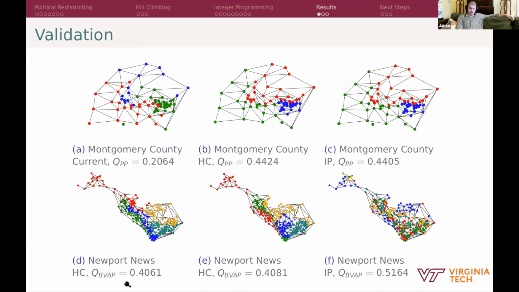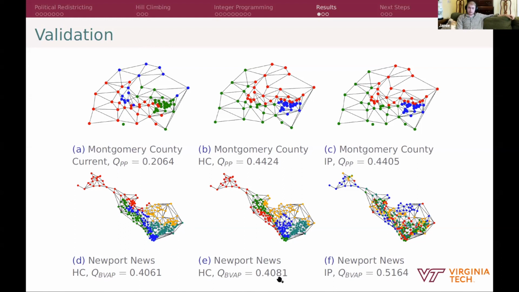On the BVAP side, black representation, we have the current layout. Remember that this is a region that was part of that case that was redrawn to improve BVAP score specifically. So it already has a very good BVAP score.